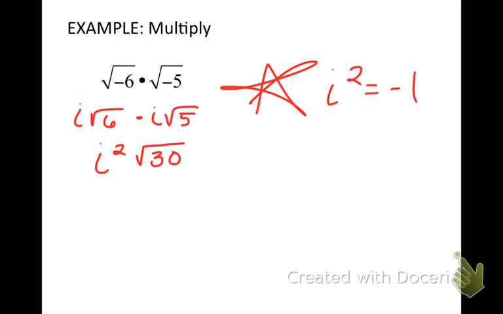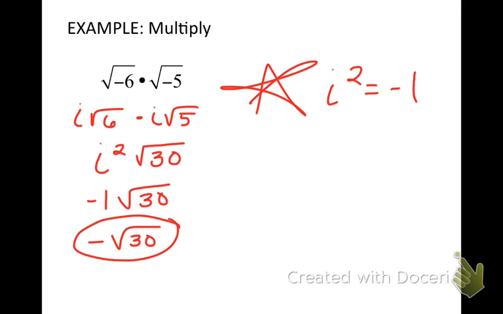Whenever you see an i squared, that's going to automatically become a -1. So this really becomes -1 square root of 30, or writing it out without the 1, which is the more proper technique, just negative square root 30.